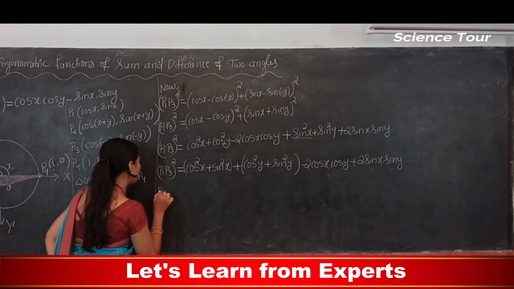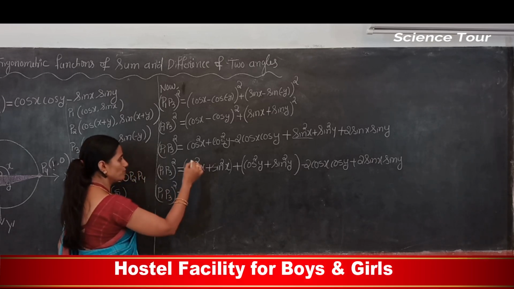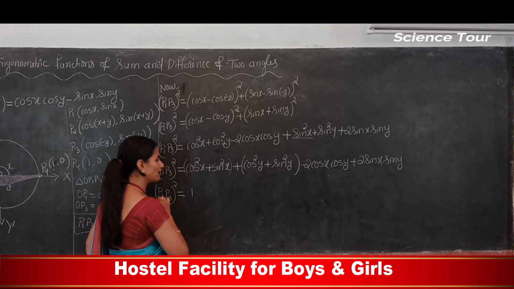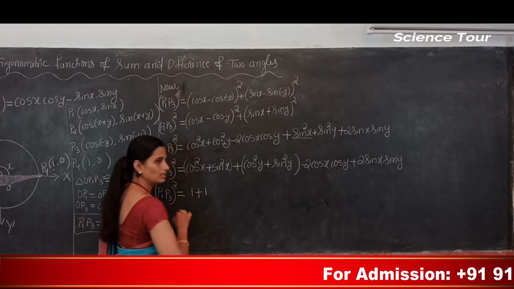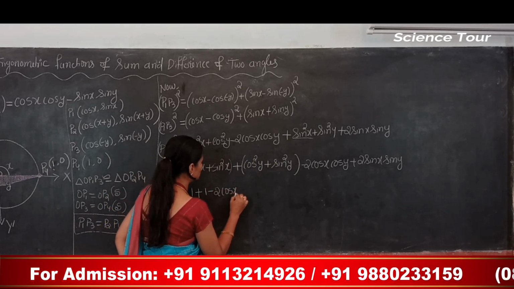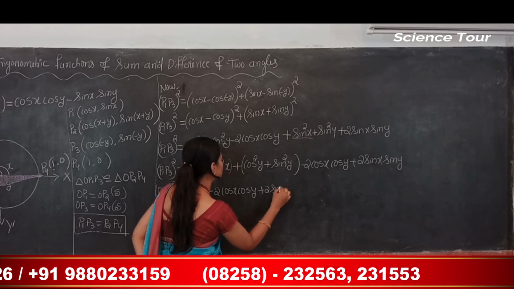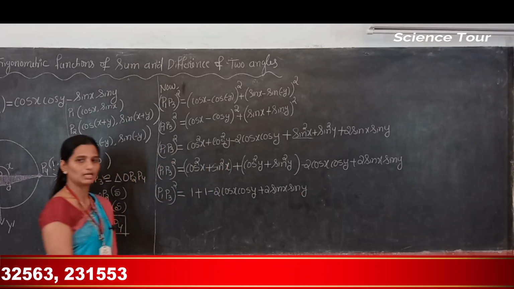Already you know that P1 P3 whole square is equal to cos square x plus sin square x, which is 1, plus cos square y plus sin square y, which is 1, minus 2 cos x cos y plus 2 sin x sin y.